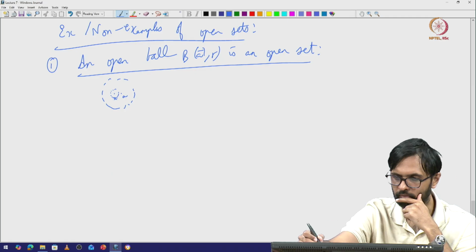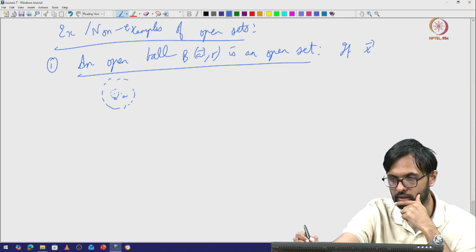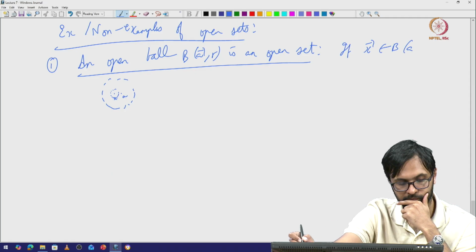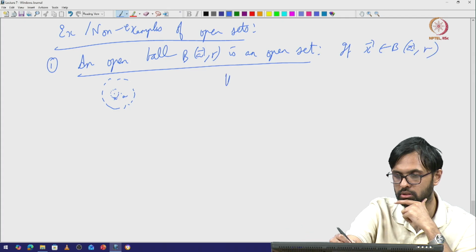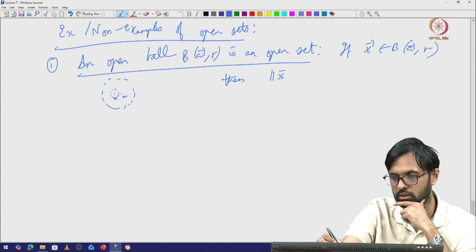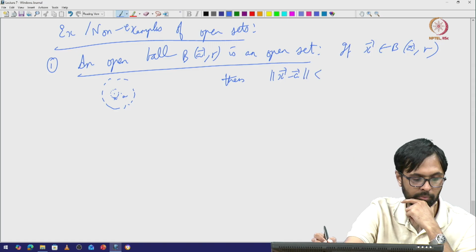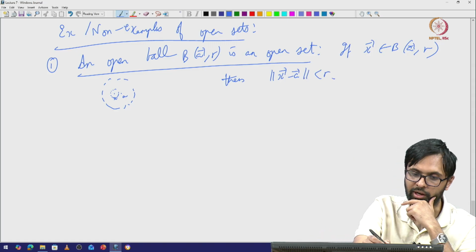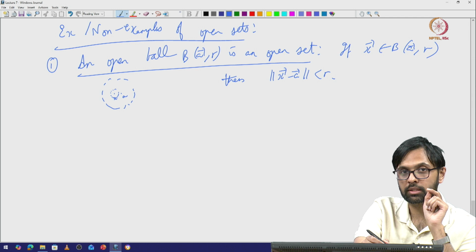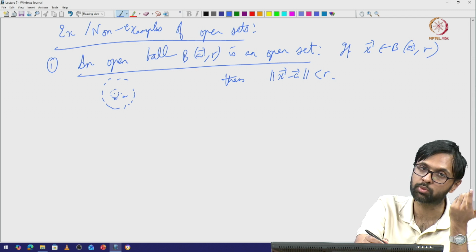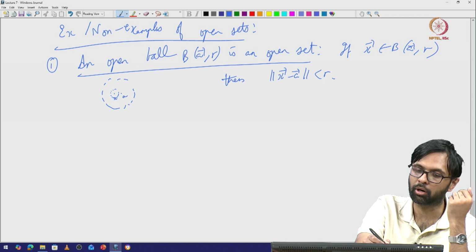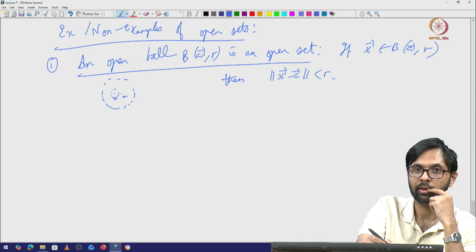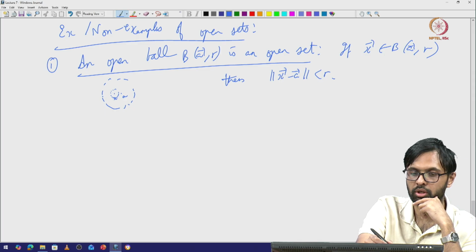So, if x is in the ball, then of course x is at most at a distance of r from A. So, we need to find a smaller ball centered at x, that is the crucial point, that also lies within the ball. Well, you can choose any ball such that this ball does not hit the boundary of this ball, right.